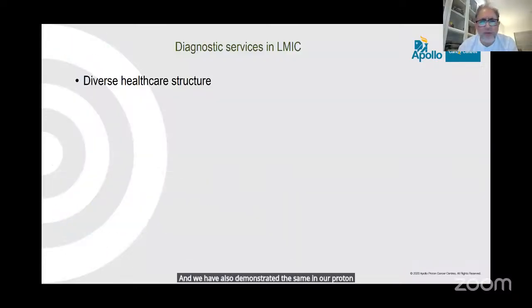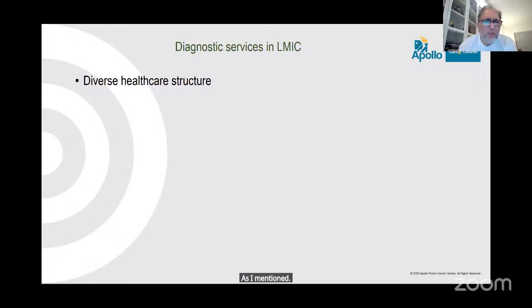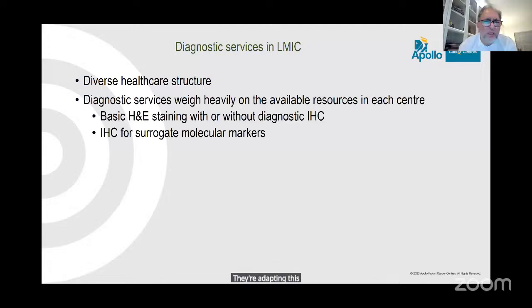But the last 1 minute is on diagnostic services at LMIC. As I mentioned, the services are diverse in parts of the world, but the Asian Oceania Society of Neuropathology is doing an unbelievable amount of work. They're adapting the WHO CNS5 according to resource-restrained regions.